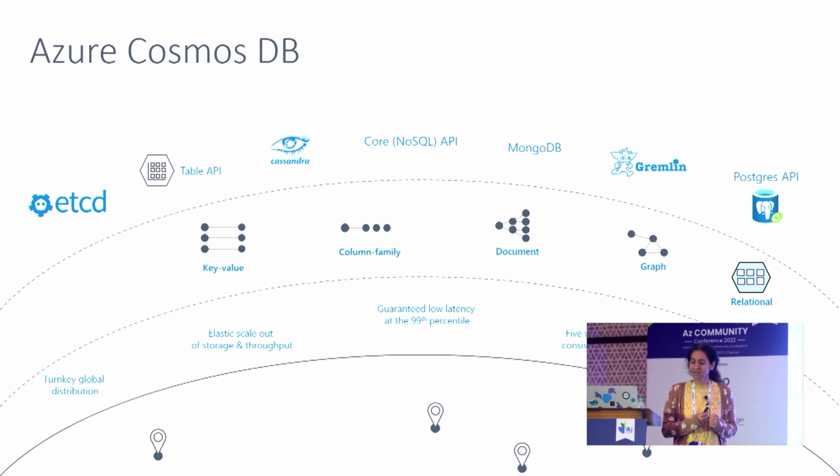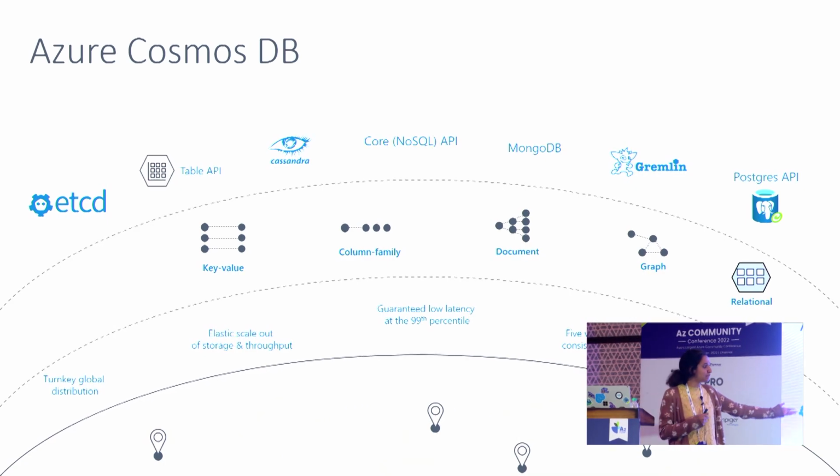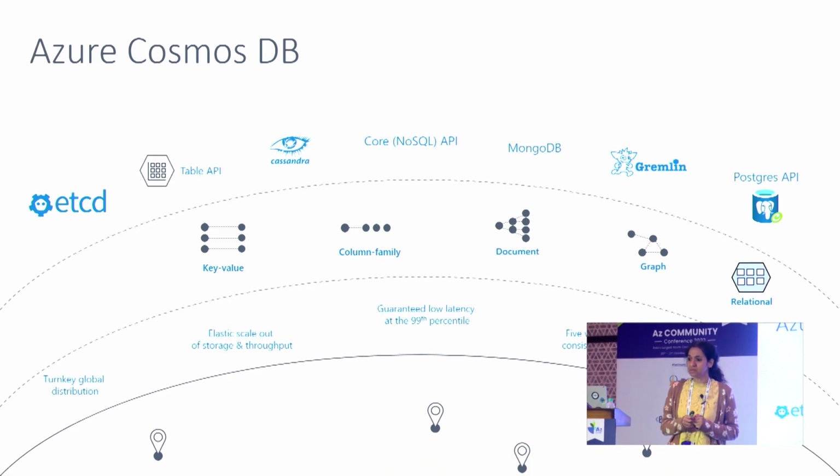All of the data is actually sitting within the common storage engine in Cosmos DB's backend, but it's exposed either as a key value store, column family stores, document stores or object stores, graph components. And this October at Microsoft Ignite, we announced support for an open source relational PG, Postgres, as one of the APIs for Cosmos DB.